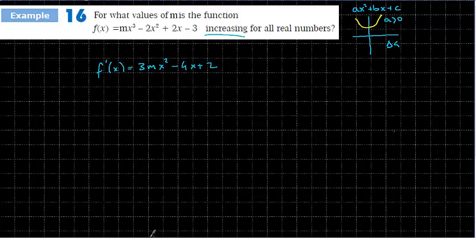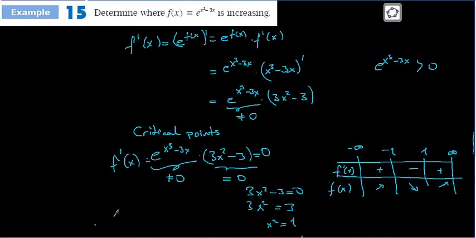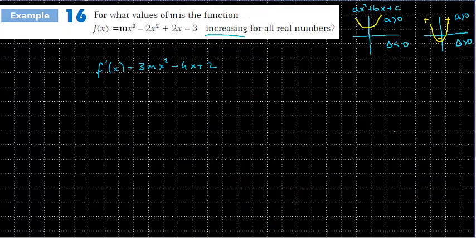If delta is greater than 0 and a is greater than 0, the case was like this, which means plus, minus, and plus, similar to this expression. But here we cannot find a root, and that's why the function is always positive.